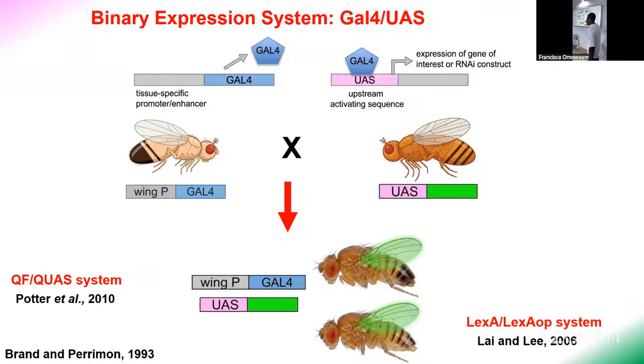But the downside to this one is that the GAL4 system can be shut down using what we call GAL80. Is that okay? The downside is that this system is also dependent on GAL80, so you can shut this off using GAL80. And we can also shut GAL80 off using temperature. So now we've got what we call GAL80 temperature sensitive.